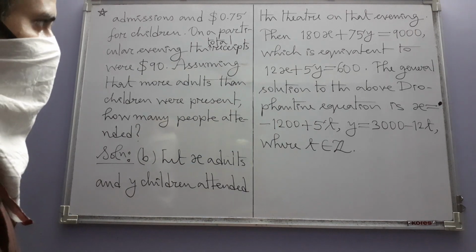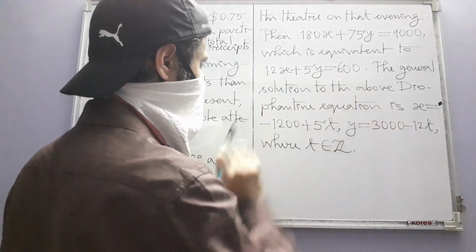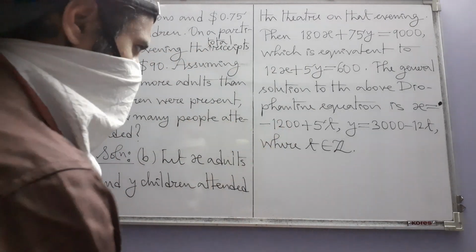Now the point is this: if I put this value here and this value here, am I going to get 600? If so, then this equation is correct.